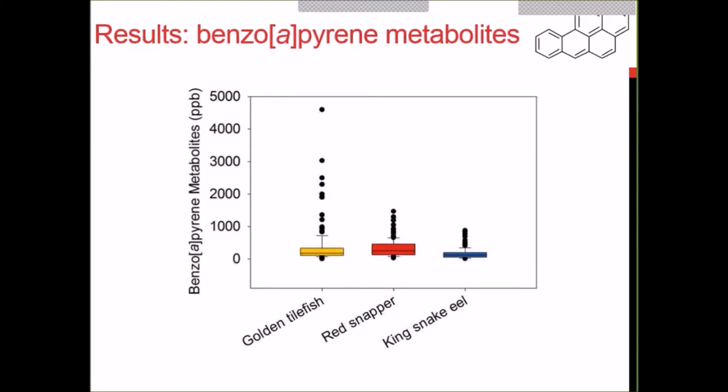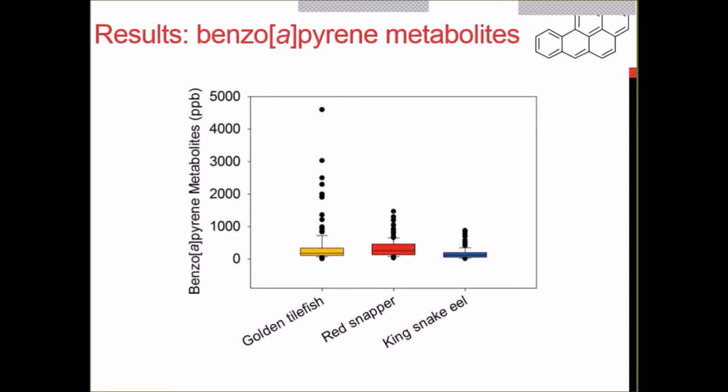Looking at our benzo[a]pyrene results, now we're on to that bigger 5-ring PAH, we saw no significant difference between species. And I need to note here that benzo[a]pyrene is quite a different molecule than naphthalene, although they are both PAHs. Benzo[a]pyrene is a much larger, bulkier molecule, and we expect it to act differently than naphthalene.